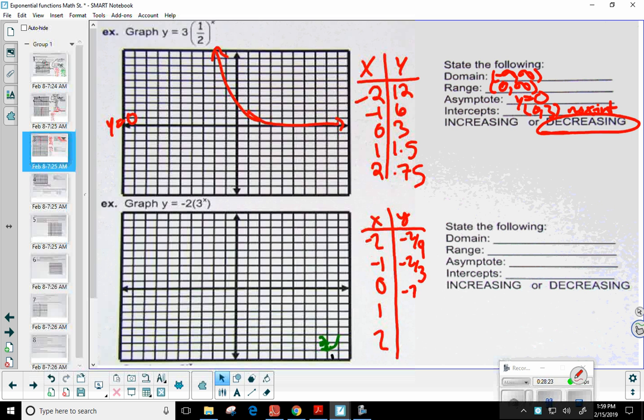Negative 2/3. Okay, then we have negative 2. Then she says negative 6 and negative 18. Would you folks agree? Yes. Okay, very good. Where's the asymptote? Is it in its original location or is it moving? It's original. Okay, there's no vertical shift here.